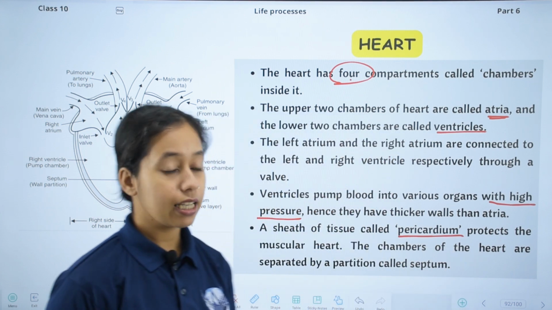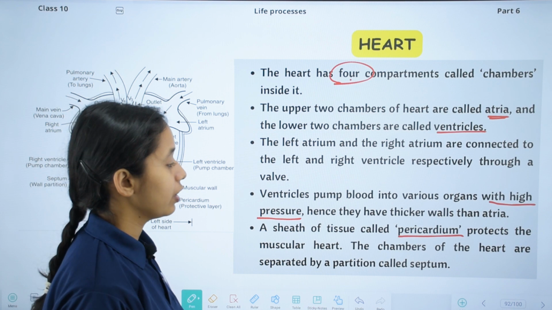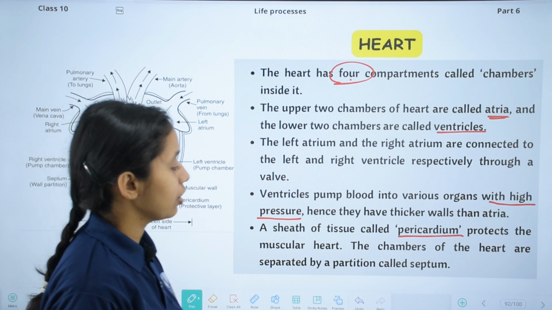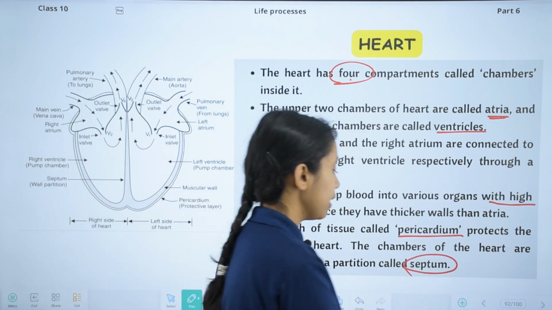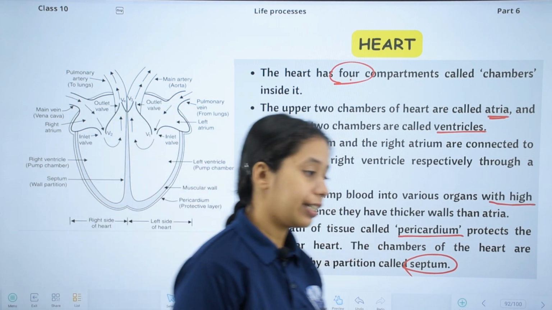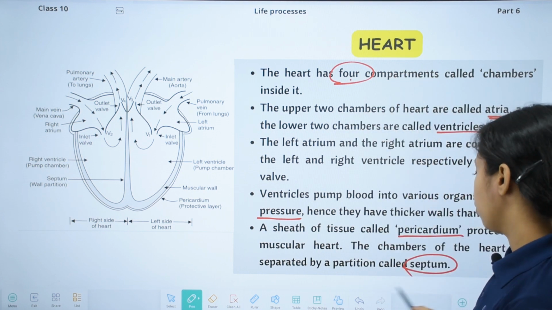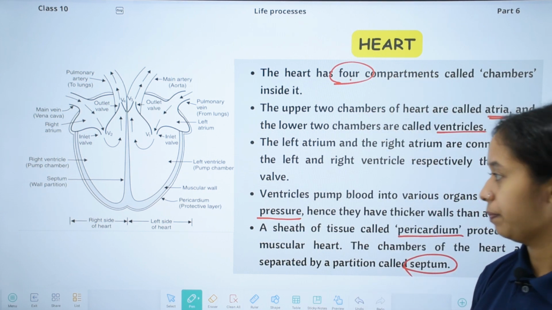A sheath of tissue called pericardium protects the muscular heart. The chambers of the heart are separated by a partition called septum. The membrane which protects the heart is called pericardium. The partition between the chambers is called septum.